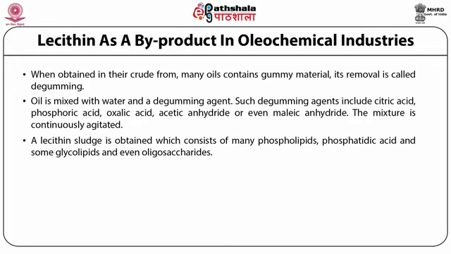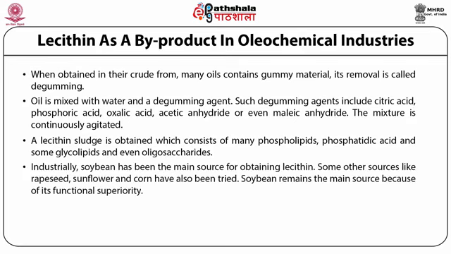Depending upon the extent of removal of water content by evaporation during degumming, the lecithin sludge so obtained can be either a highly viscous material or a powder. Industrially, soybean has been the main source for obtaining lecithin. Some other sources like rapeseed, sunflower, and corn have also been tried.